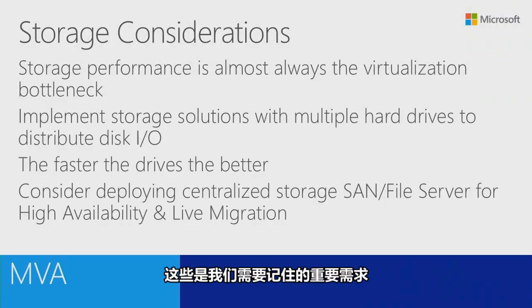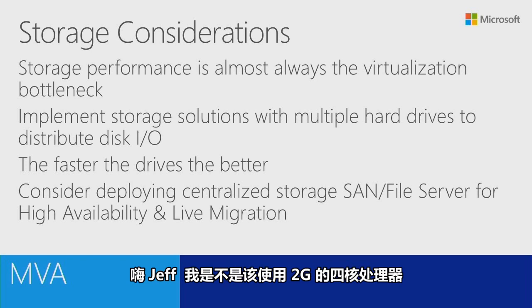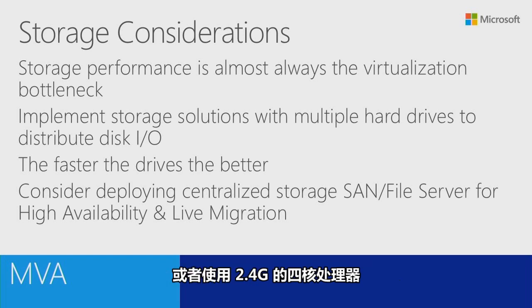Key thing to remember, I touched on this earlier, but this is absolutely a bedrock principle: storage performance is almost always the virtualization bottleneck. Very often someone will ask me, hey, should I get the 2 gigahertz processor that's got 4 cores, or should I get the 2.4 gigahertz processor that's got 4 cores?